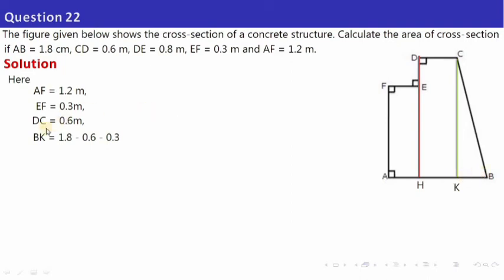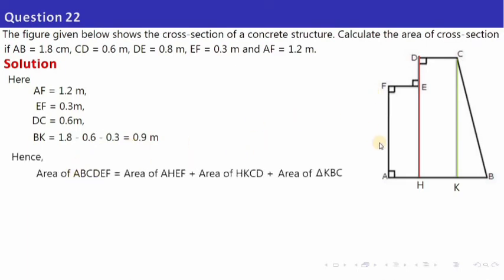So BK is AB minus AH minus HK, that is 1.8 minus 0.6 minus 0.3. When you calculate this, it equals 0.9. So BK is 0.9.